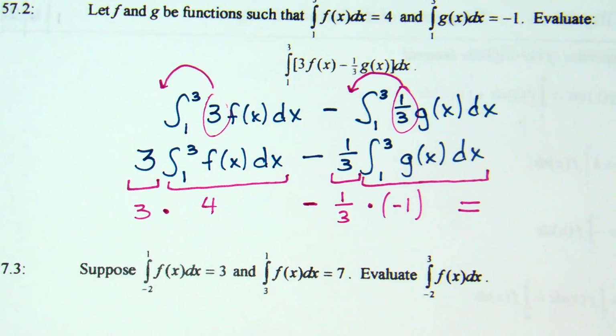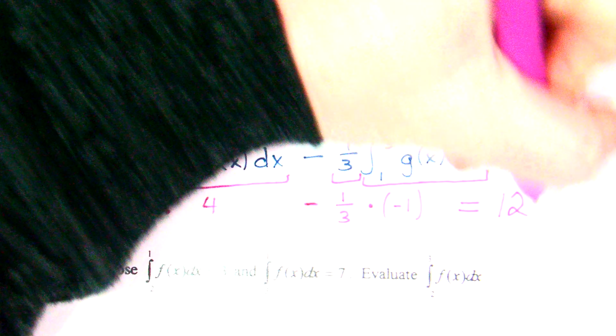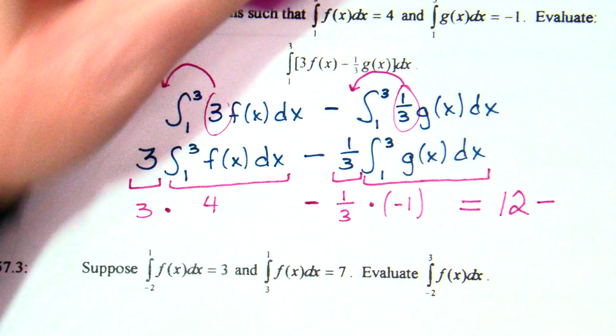Has anyone else done the math yet? I'm going with 3 times 4 is 12. It's minus 1/3 times -1. Well, 1/3 times 1 is 1/3. Minus times negative is really going to make it plus 1/3.